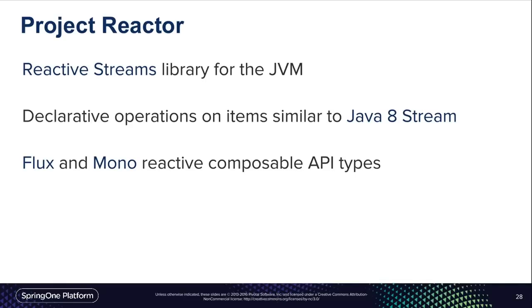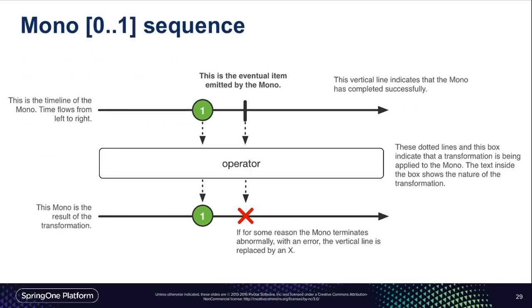So that's what the Flux and Mono reactive types are. They're a functional API. Each of them has quite a number of methods. That's quite common in functional APIs. It's a little bit different than using, for example, an object-style API where you expect a certain number of methods.